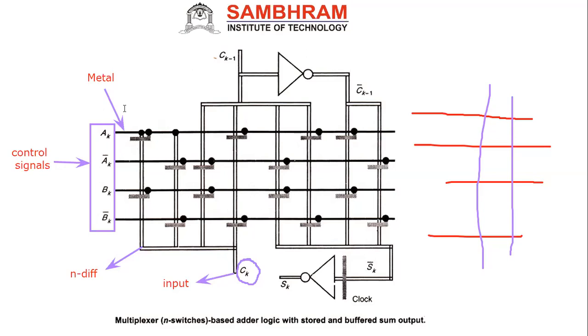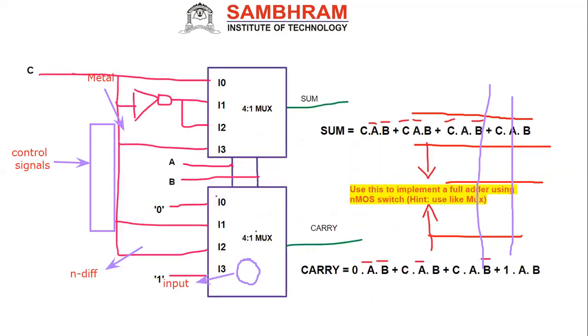Now, from our expression, instead of the sum, I'll go for the carry first. What is the carry expression? Let me go back. The carry expression, first, is A bar dot B bar dot 0.